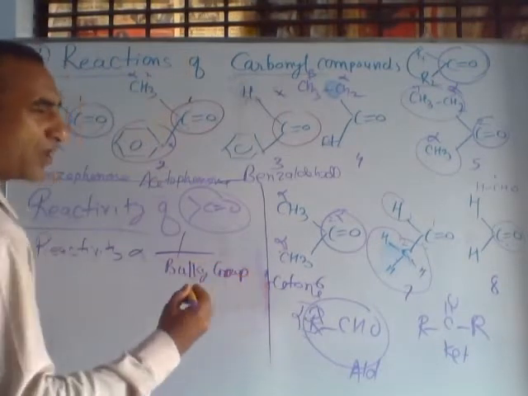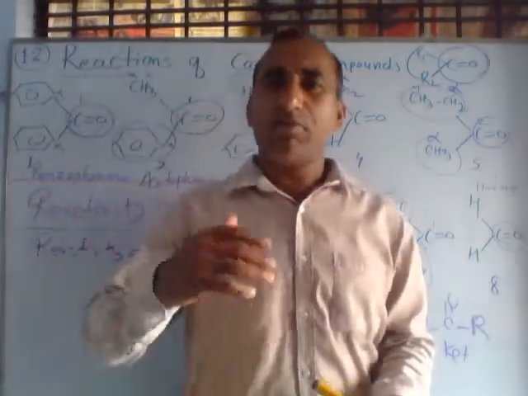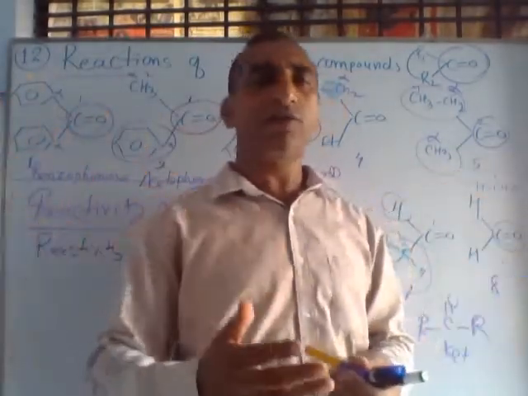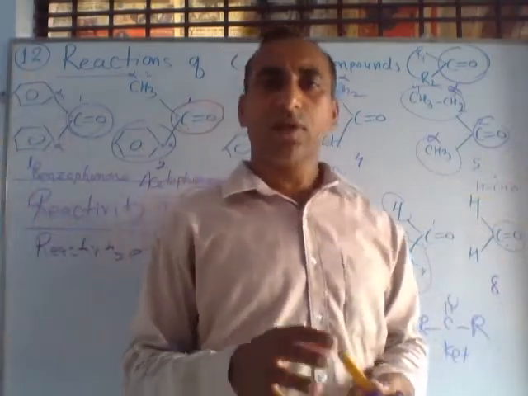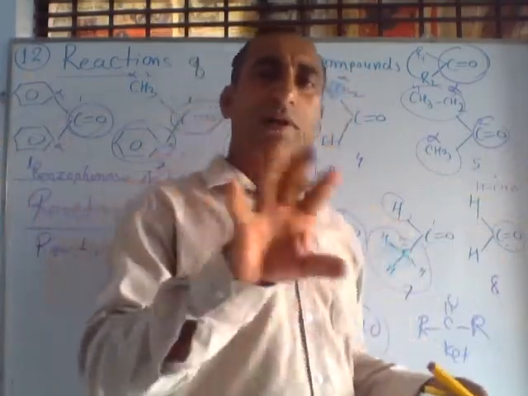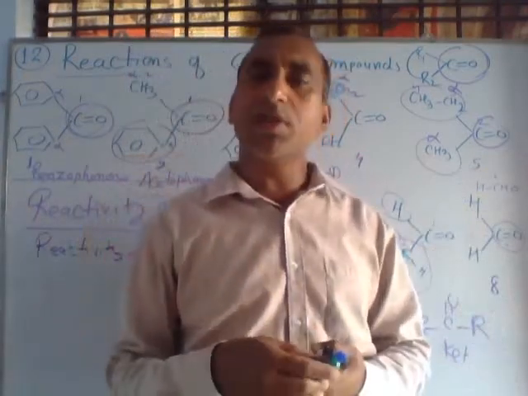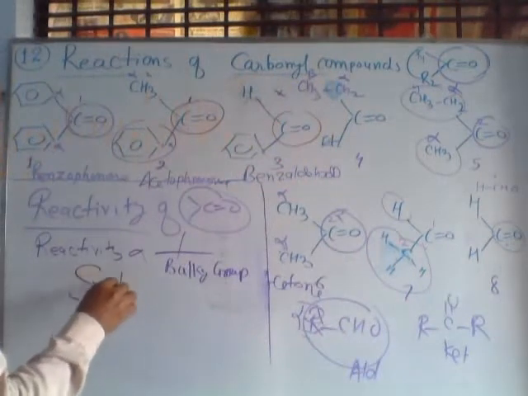Bulky groups means groups like methyl, ethyl, ring, which are larger groups. If the number of bulky groups directly connected with the carbonyl compound increases, reactivity decreases. What is the basic reason? The reason is SIR.